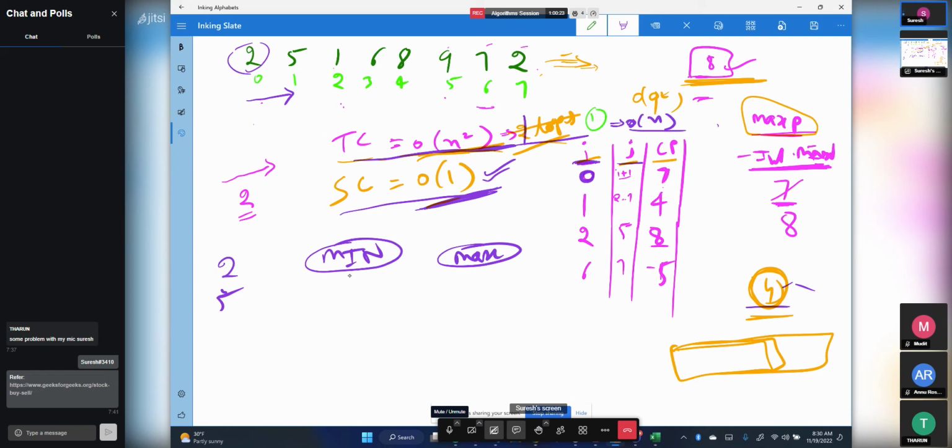So why don't we just assume 2 is the minimum? Basically we want min and max. Rather than looping two times, we track the minimum number.